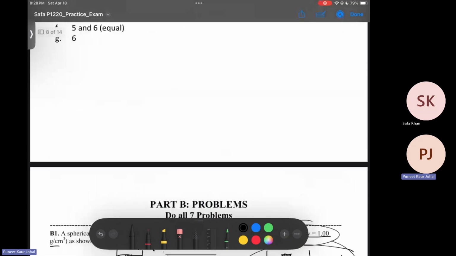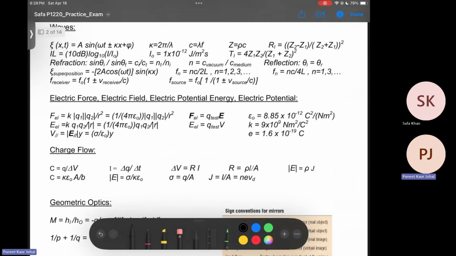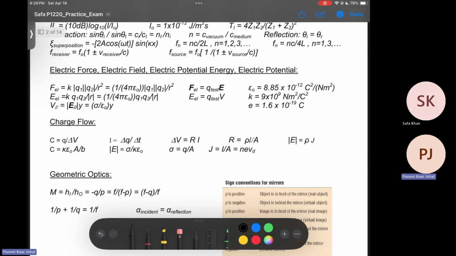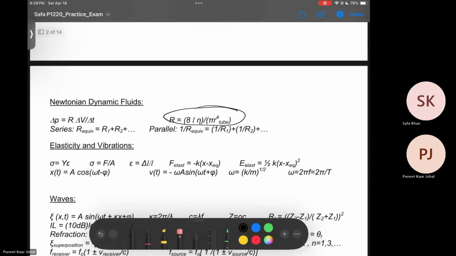We have to look for a formula that connects volume and the resistances. So let's see, we can use this formula, right? We added the resistances because they were in series.